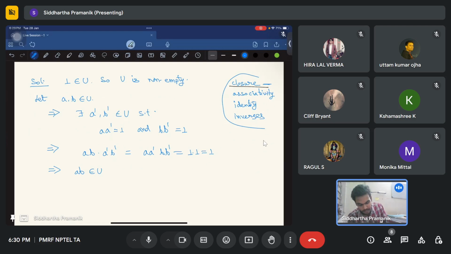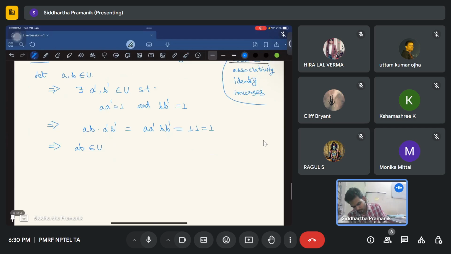And ring multiplication is already associative, right? By definition of ring. So we have nothing to prove in that case. And identity is 1. So let me write this.